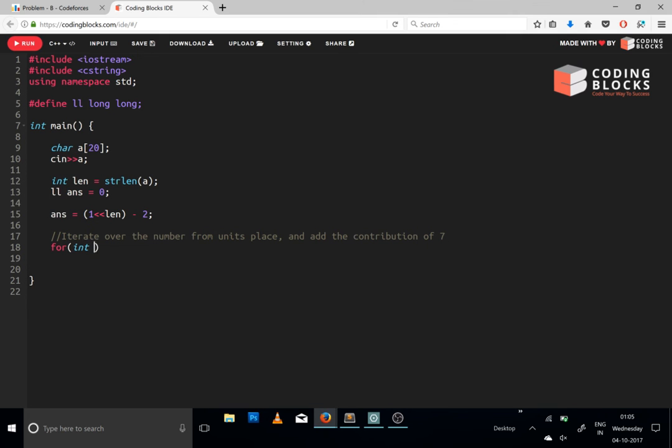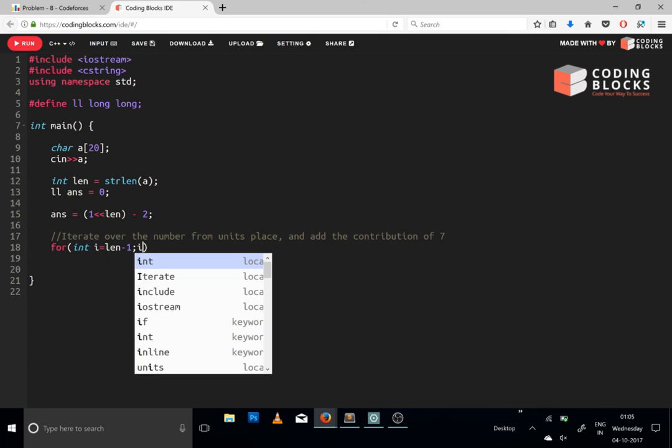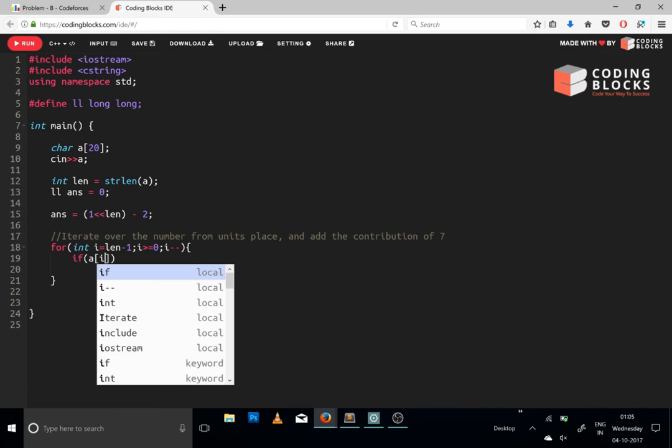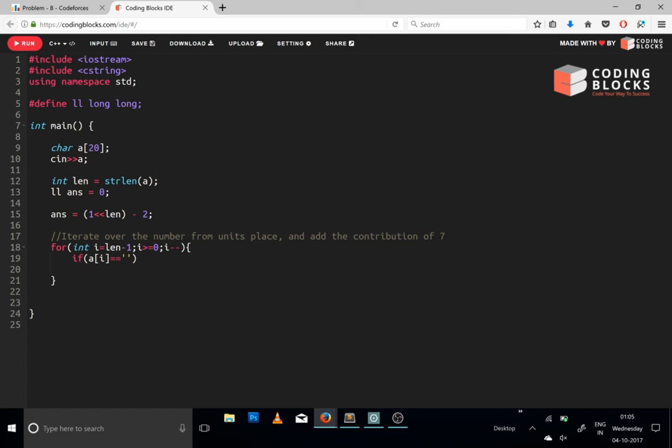So for int i equals length minus 1 till i is greater than or equal to 0, i minus minus, I can check if the current digit is equal to 7. This 7 gives me more lucky numbers, so I can add something to my answer. So I can add 1 left shift something. So this is the position of the 7.